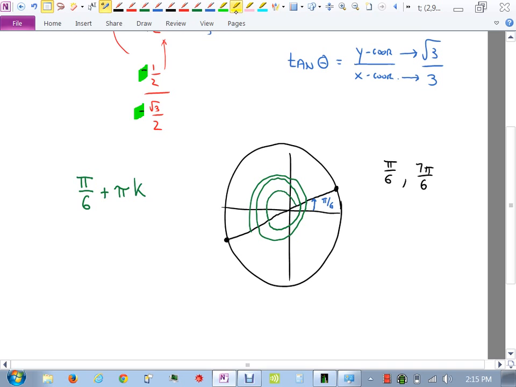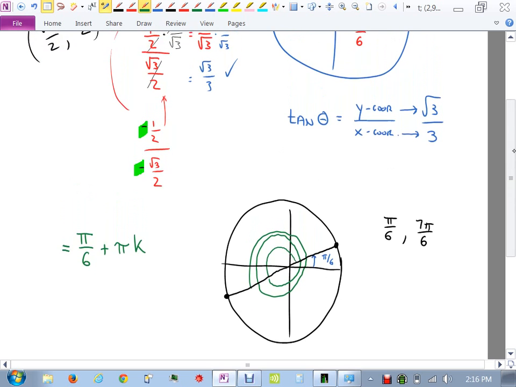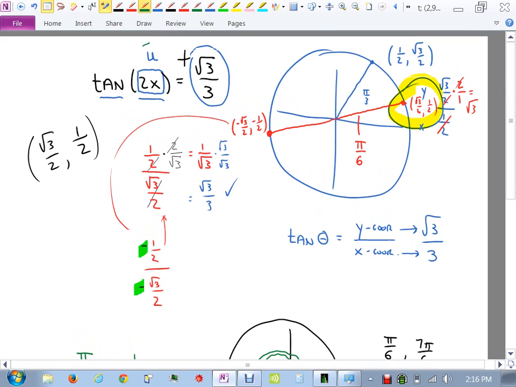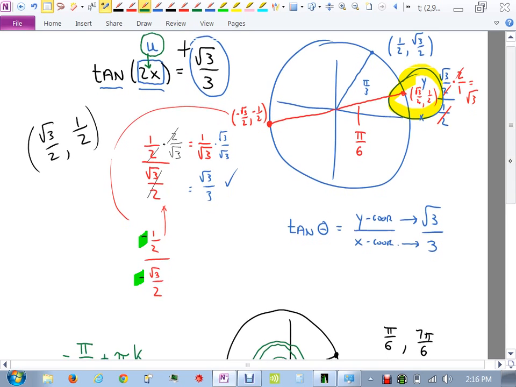And remember, I said you could use n instead of k. Sometimes the books use n. So this is what our angle needs to be. Now, what was our angle? Let's go back up here. What was the angle inside of our tangent function? We had called it u, right? But what was u? 2x, right?